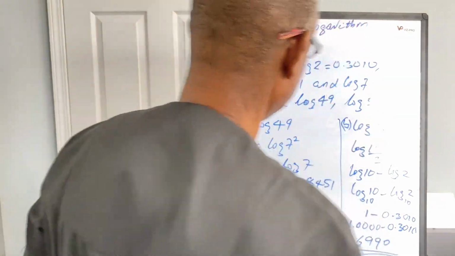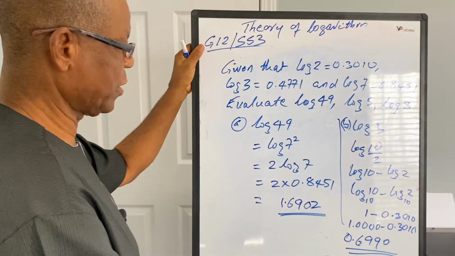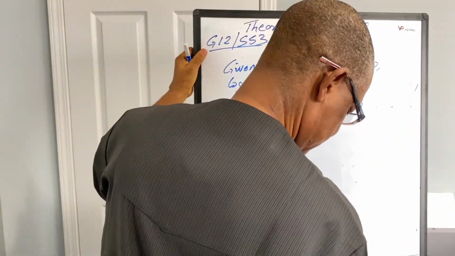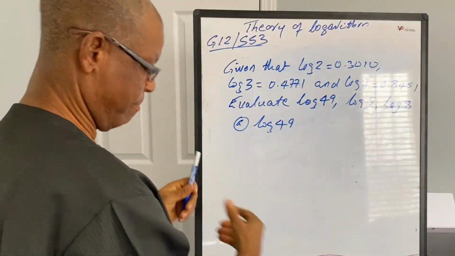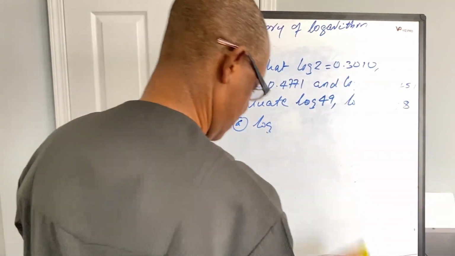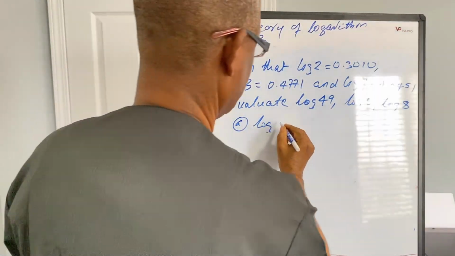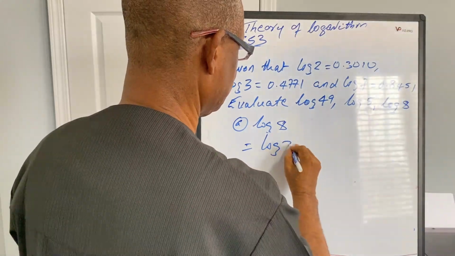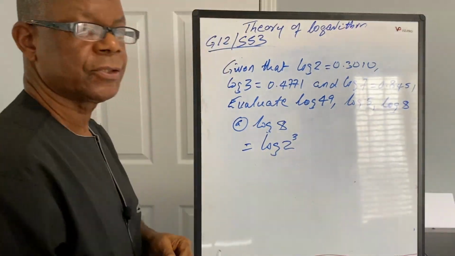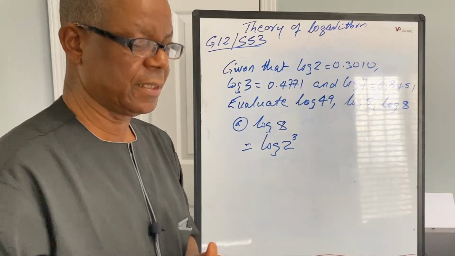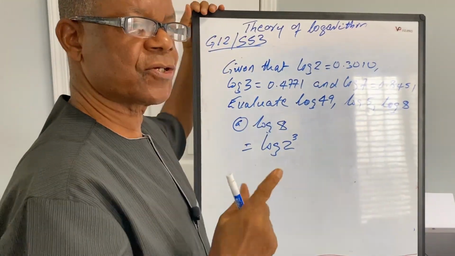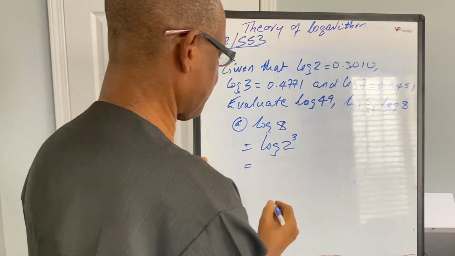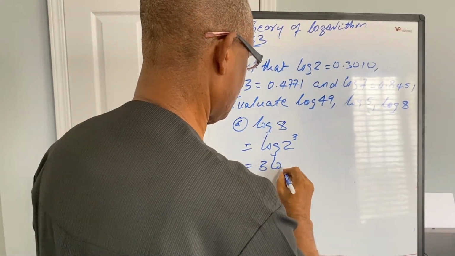Let us quickly look at the other one, log 8. Log 8 is the same thing as log 2 raised to power 3. 2 raised to power 3 will give us 8. That is 2 times 2 times 2 is 8. By the third law or third property, this is 3 log 2.